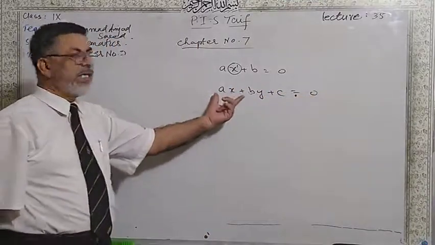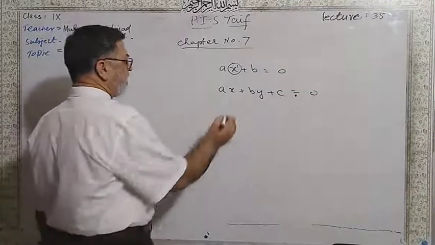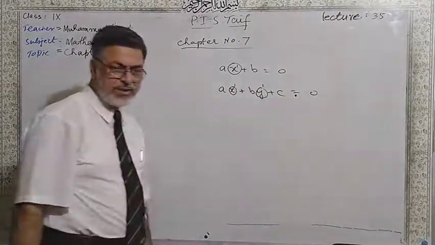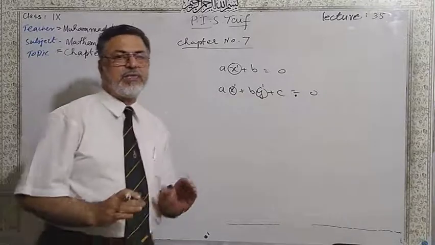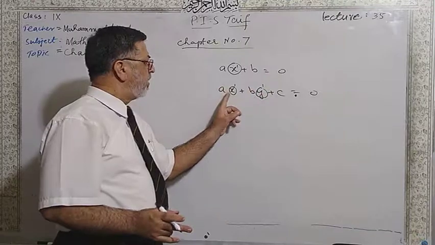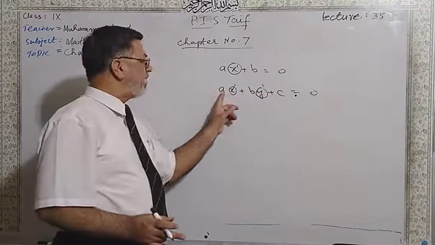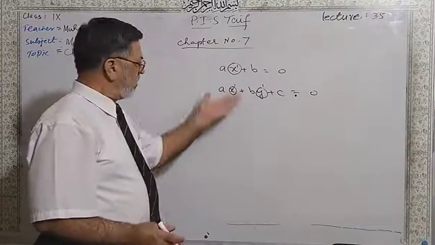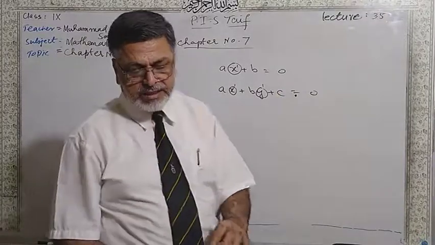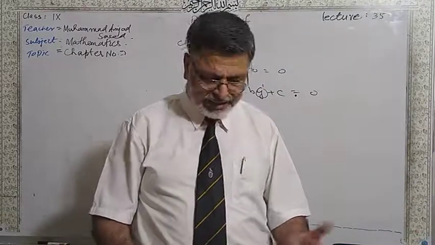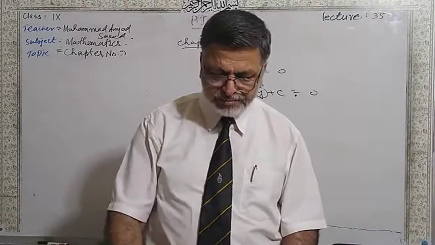This is a linear equation in two variables, x and y, and their maximum power is 1. So, linear equation in one variable is ax plus b is equal to 0, and linear equation in two variables is ax plus by plus c is equal to 0. So you got the idea that the maximum power of the variable is 1.